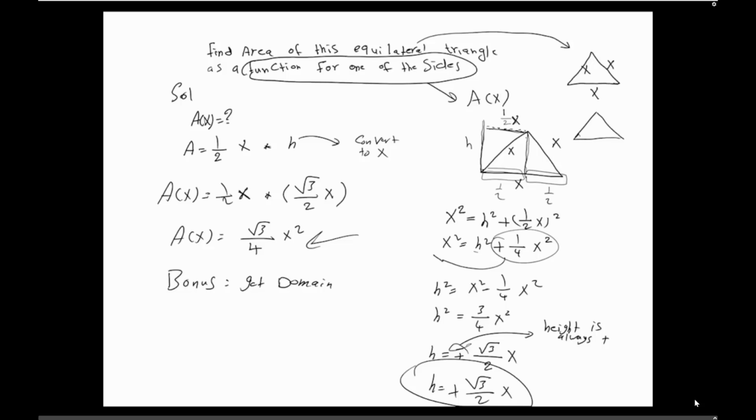So in order to do that, we don't want to get a value over here as 0. And this value gets 0 when x is equivalent to 0. So we're gonna say the domain is x such that x is bigger than 0.